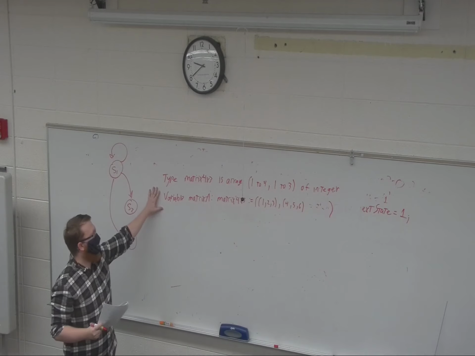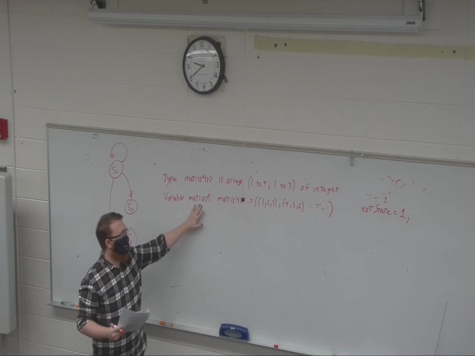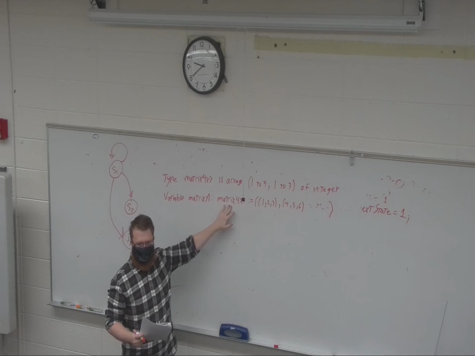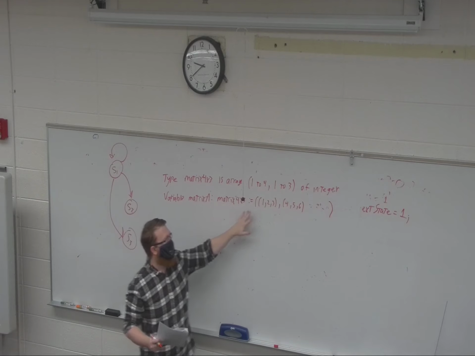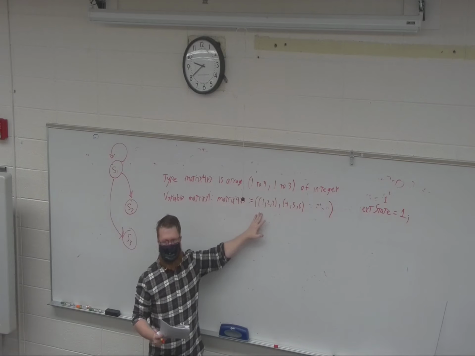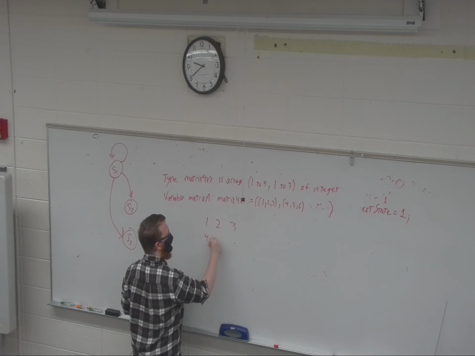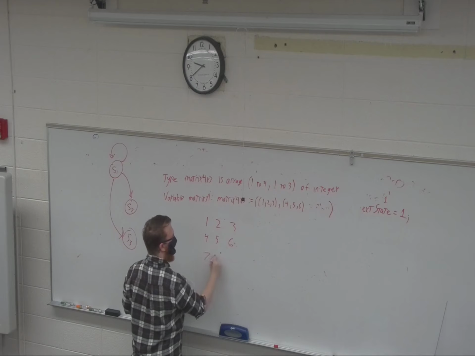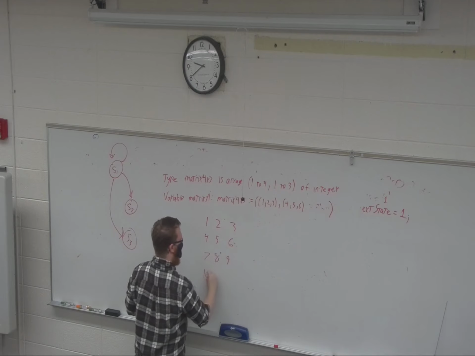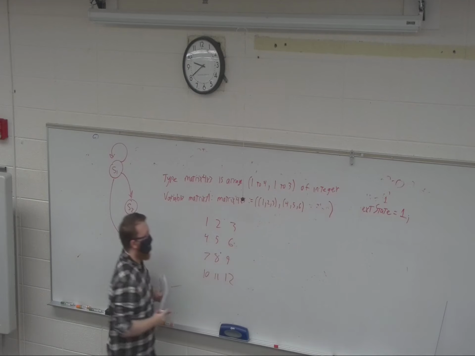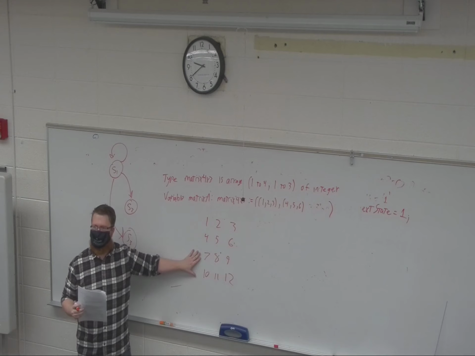Now, when you create this, you can create an initialization. So I'm saying I have a variable. I'm calling it matrix A. Its type is a 4x3 matrix, and this is what it's initializing to. What that will give you is this 4x3 matrix.